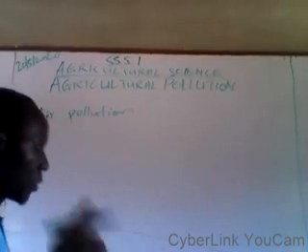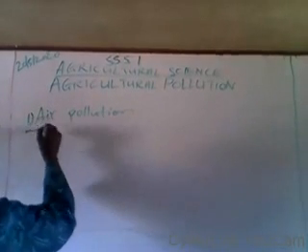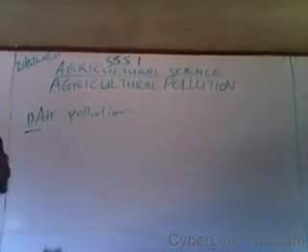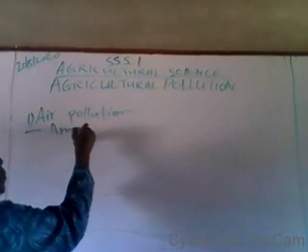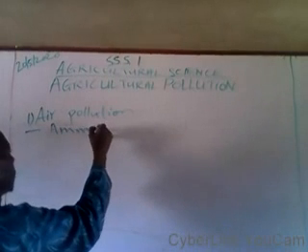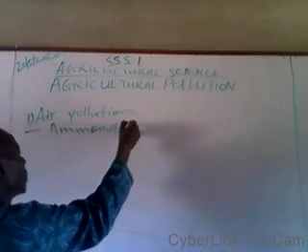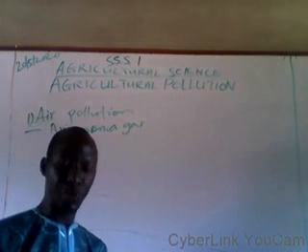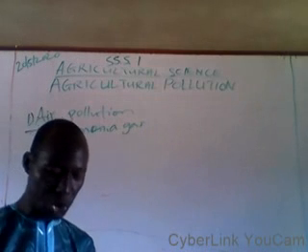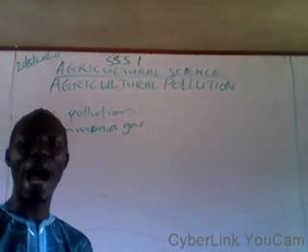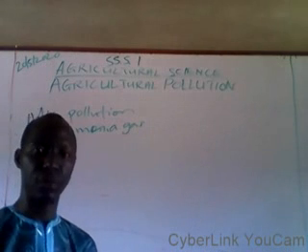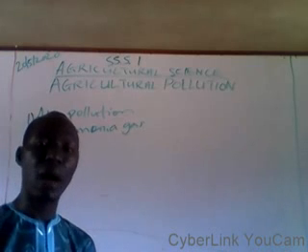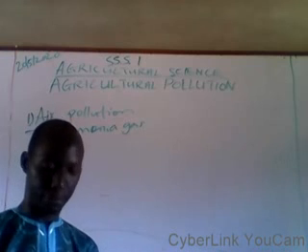For example, one of the examples of air pollutants is ammonia gas. Ammonia gas, the source is decomposition of the droppings of farm animals. When I mean the droppings of farm animals, I mean the feces and the urine.